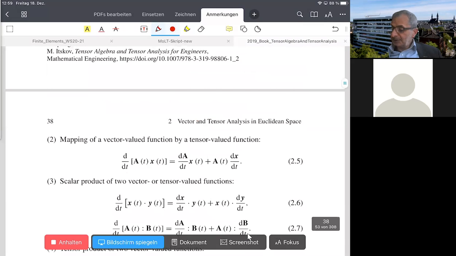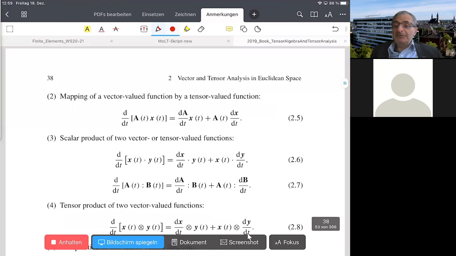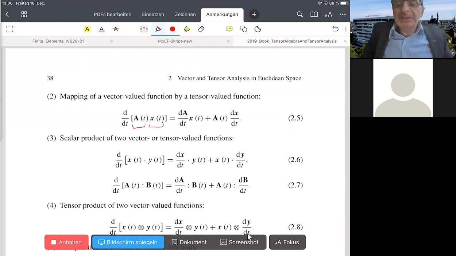Next rule is valid for mapping, right? You remember we introduced this mapping of a vector. We can map a vector x by a tensor, linear mapping, right? So our linear map. But just imagine both this vector x and tensor A depend on this variable t, right? On time, for example.